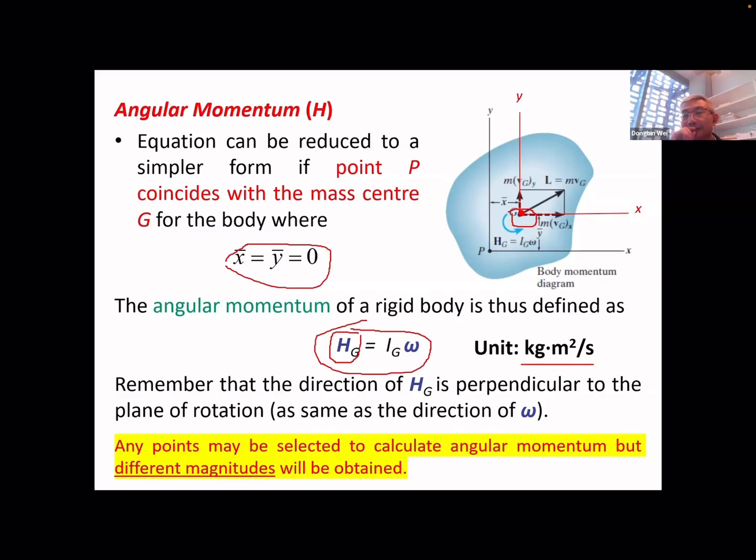Work and energy, they are scalars. Impulse and momentum, both of them are vectors. They have magnitudes. They have direction. But the equations look similar.